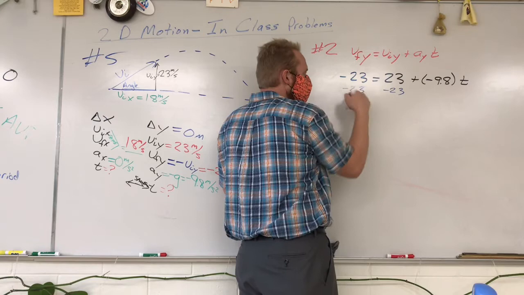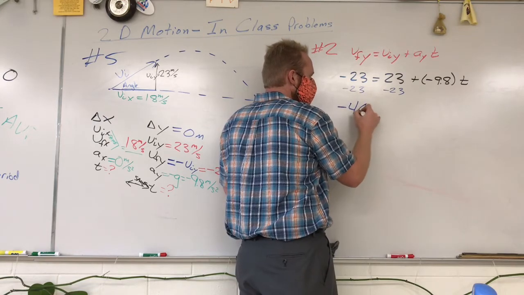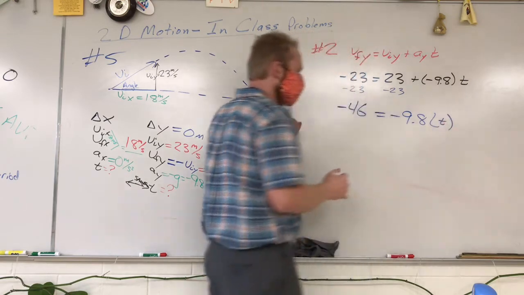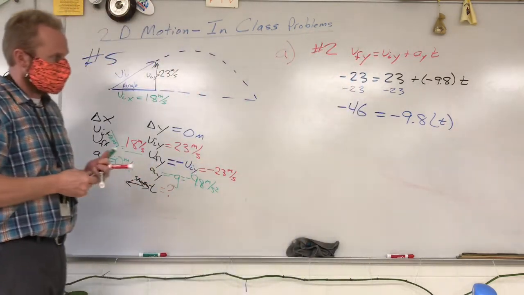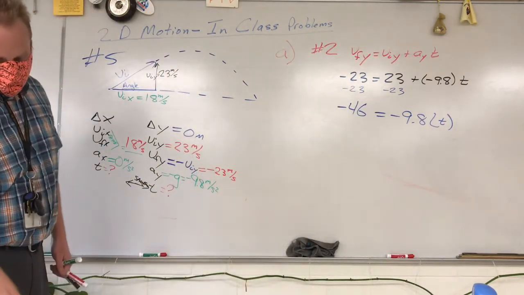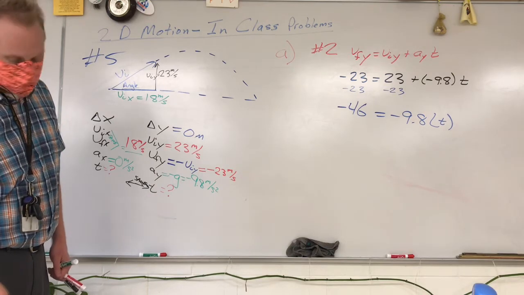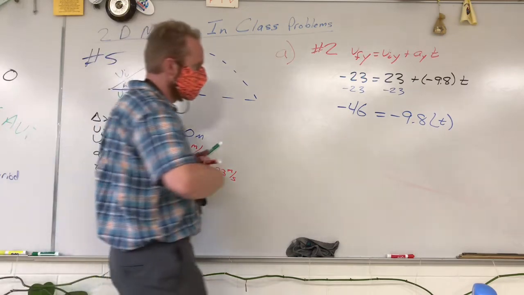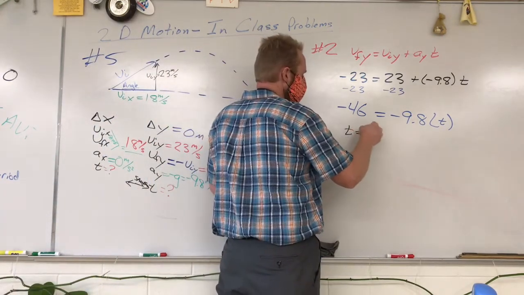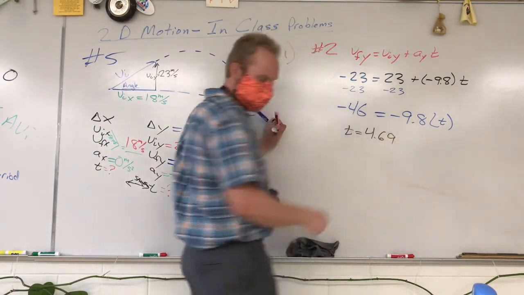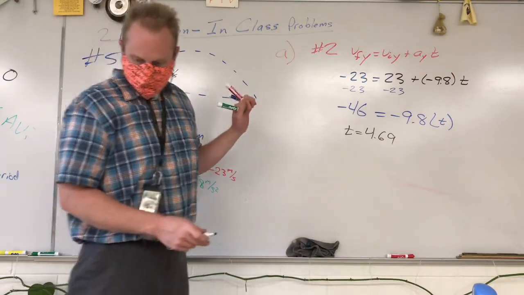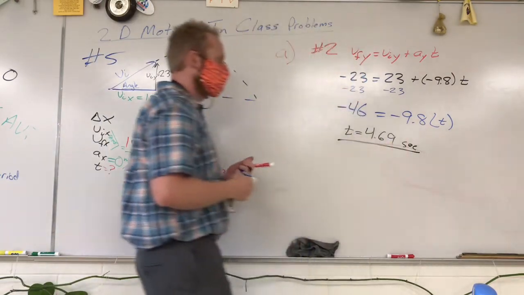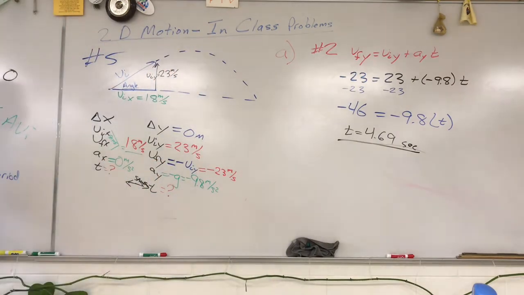So then this becomes negative 46 is equal to negative 9.8 times t. So negative 46 divided by negative 9.8 gives us a t of positive 4.6938775. Okay, so that's our time.